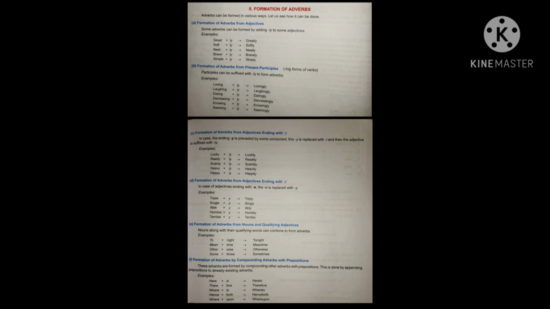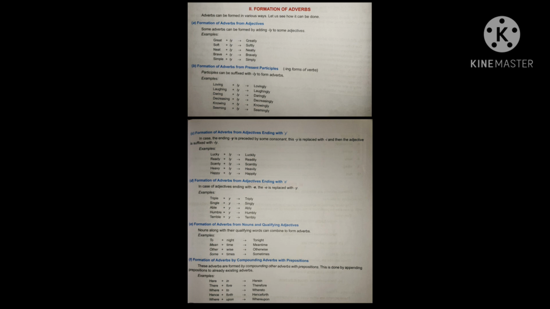Third rule is formation of adverbs from adjectives ending with y. So the last letter of the root word will be y, and what will happen to it? In case the ending y is preceded by some consonant, this y is replaced with i and the adjective is suffixed with ly. See, if we are having a word that is ending with y, and just before y we are having a consonant sound, for example, if we are taking the word lucky, it is ending with y, and before y we are having k sound.